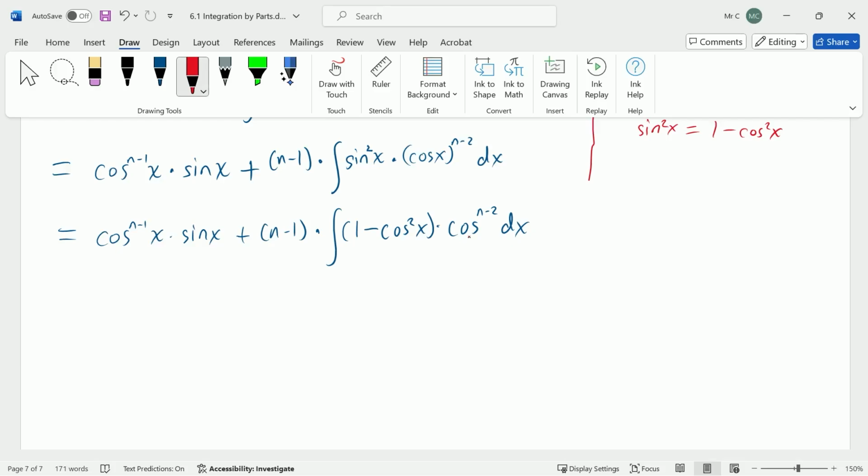And now I'm going to take this cosine to the n minus 2 power of x, and I'm going to distribute it to both of these terms here.